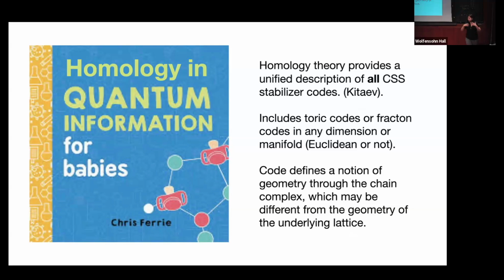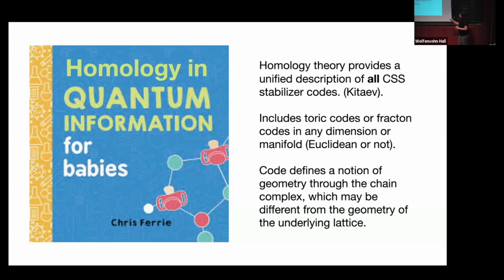Most of you know, or you can go and learn tonight, the toric code very well. But once you think of the toric code in this language of homology theory, you actually know all CSS codes. It doesn't matter if they're fractons or toric codes in 2D, 3D, 4D. All of them have the same kind of structure, and whether the graph is Euclidean or not, all of that is going to be one unified description.